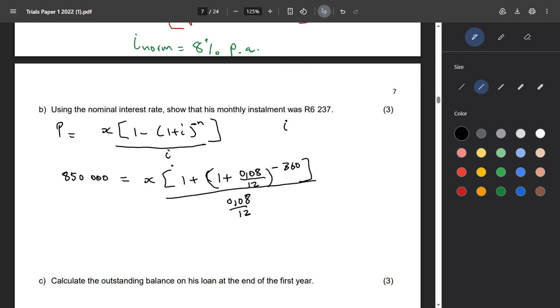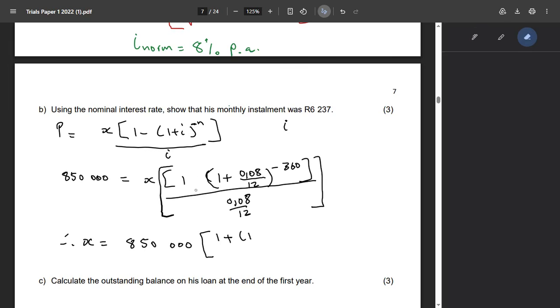So you need to take all this part and multiply the 850 with it. What I'm trying to say is that your X will be, you take the 850,000 and multiply that by everything. Why do I keep saying 1 plus 1 plus? Let's fix this now.